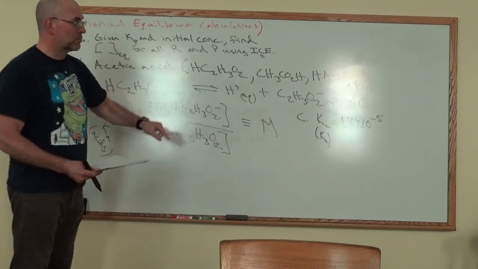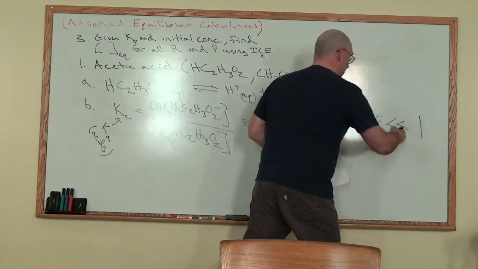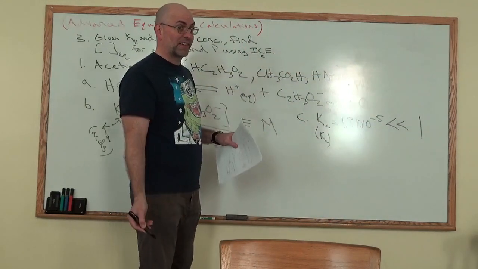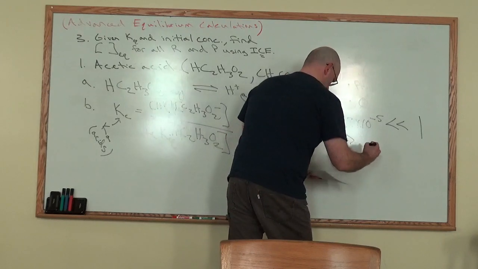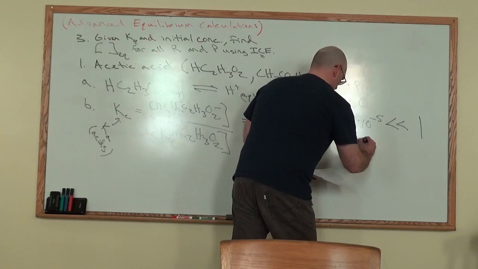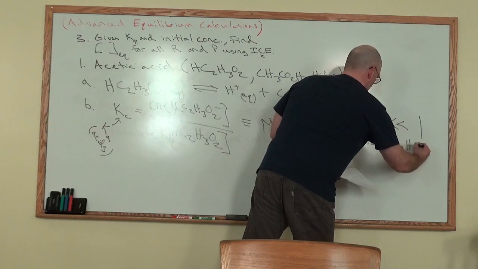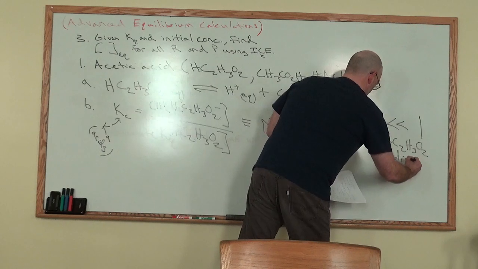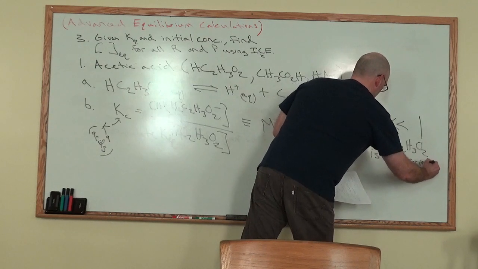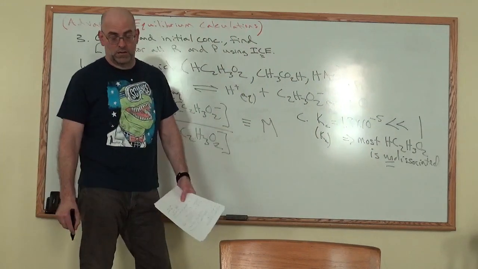The fact that it's really, really small is another way of saying that K is much, much less than 1. Most of it's undissociated.